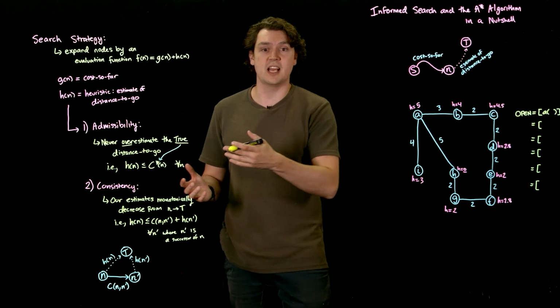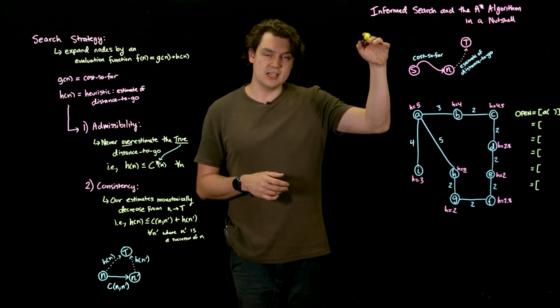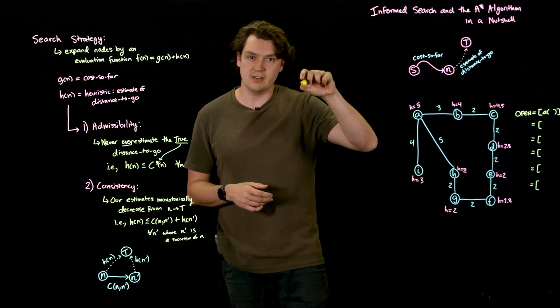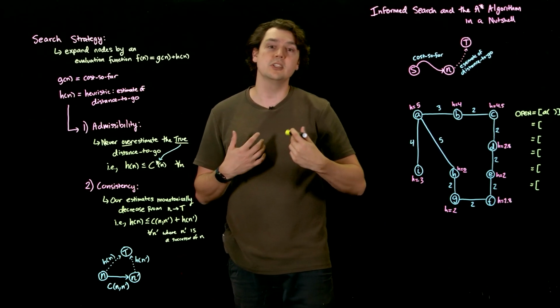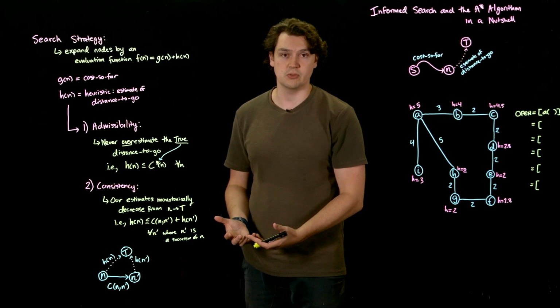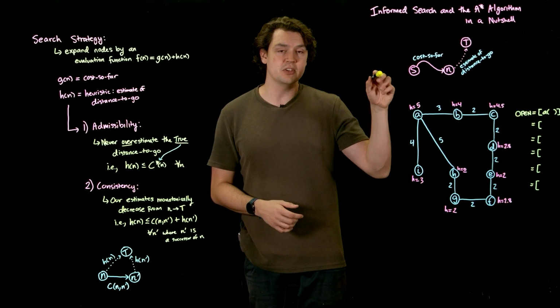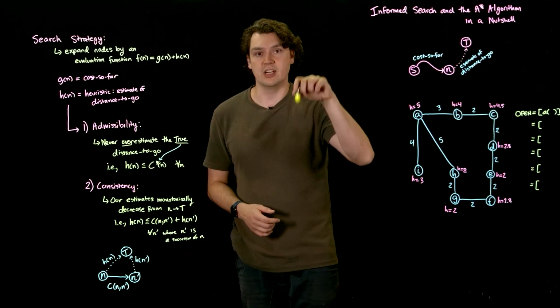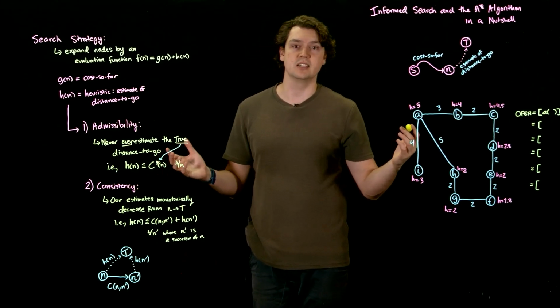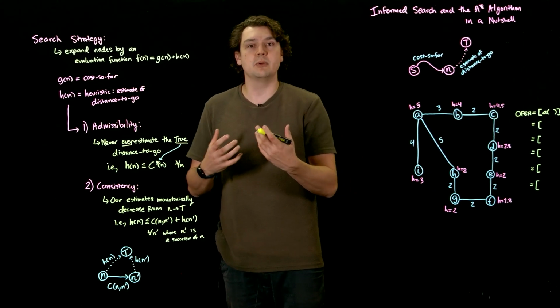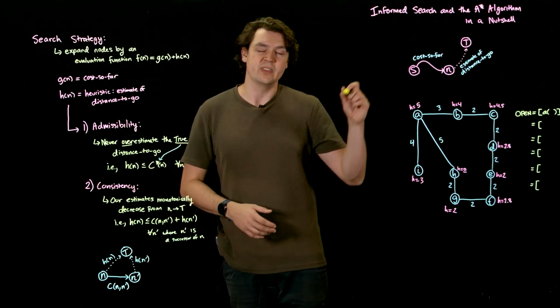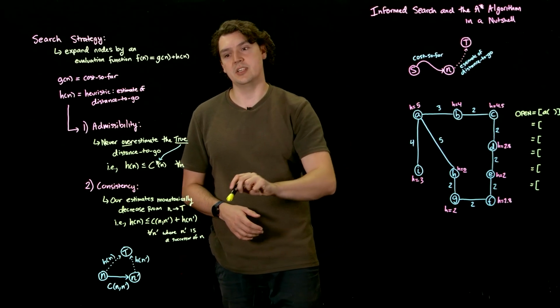Essentially this is just saying that our estimates only ever decrease towards the goal. It only ever points us in the right direction. If you have a heuristic that randomly spikes and jumps and has these random dips and upward trajectories, that is not consistent. It can only ever stay the same or decrease.